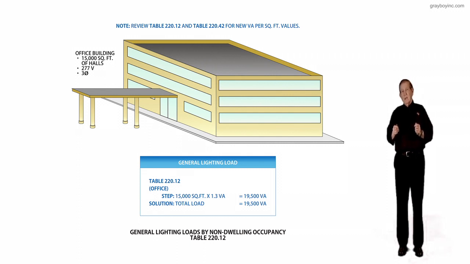A welding shop is not necessarily listed in Table 220.12, so we call that an unlisted occupancy, and we reference 220.14, I believe A through L or M, and we pick up procedures for calculating the load. We're talking about lighting load, receptacle load, and so forth, and appliances and motors and so forth, that are not listed in Table 220.12.